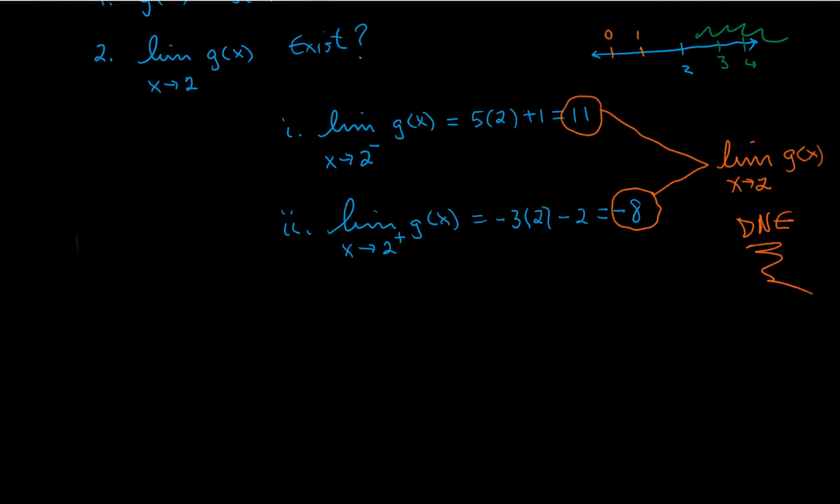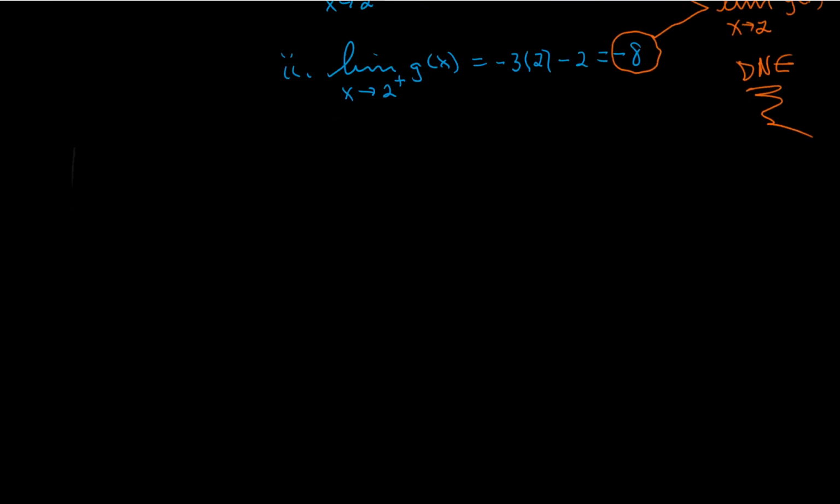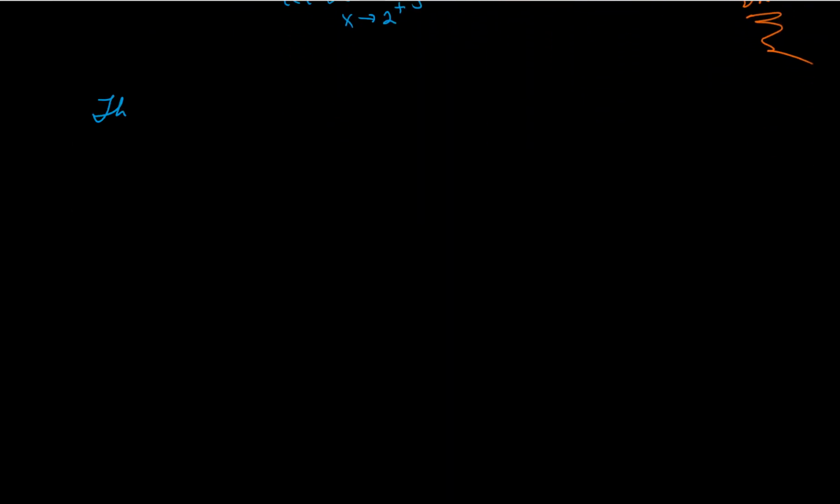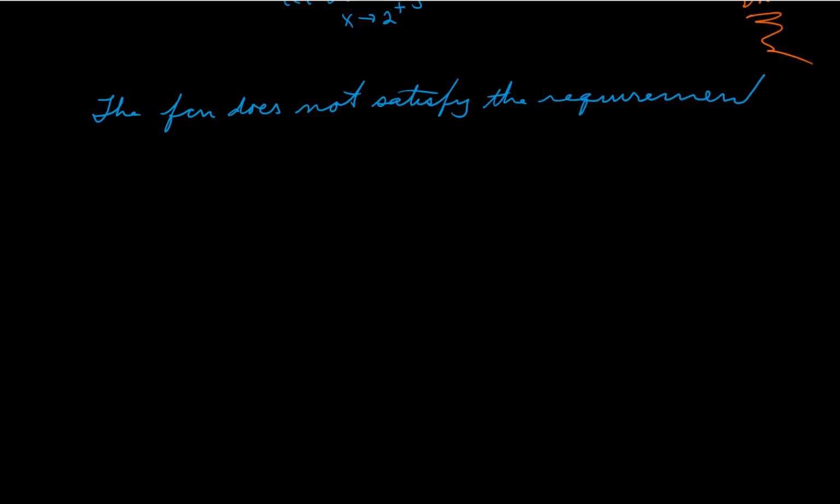At this point, you can stop here and put down something to the effect of: the function does not satisfy the requirement of the limit as x approaches 2 of g of x existing.